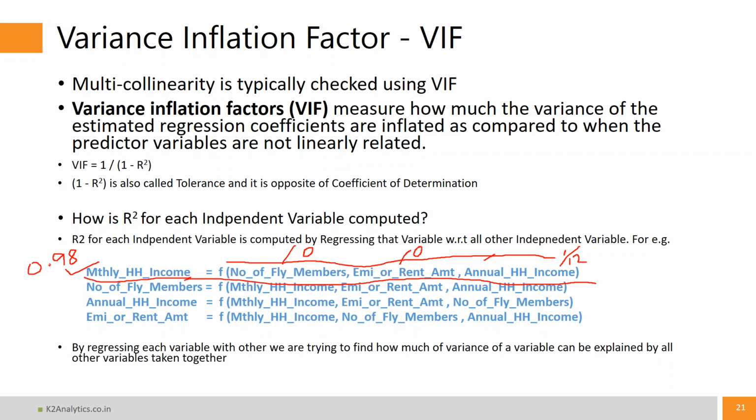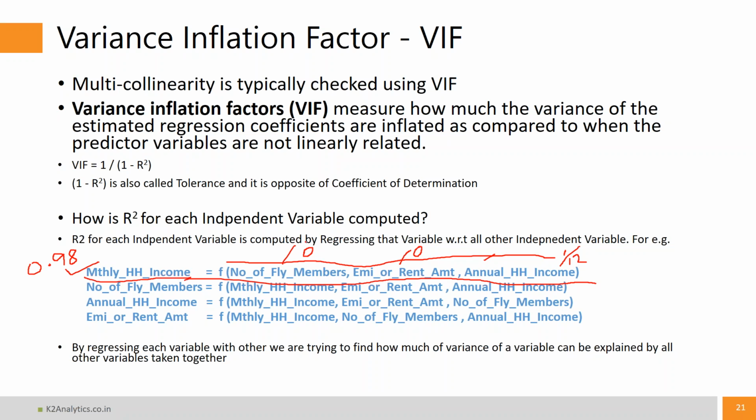Well, it means that 98% of the variance in monthly income can be explained by this model, which is a function of family members, EMI and annual income. Yes?